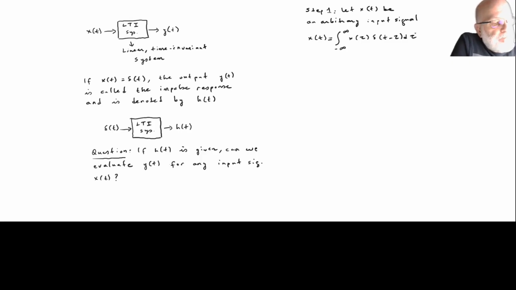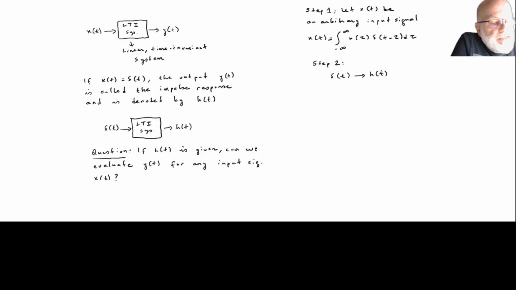You see, we have here a set of linear operations, namely multiplication of the shifted impulses by some weights and integrating. And integration is nothing but a generalized summation, as you all know. So, the second step is, now we know that delta of t at the input gives us the impulse response.